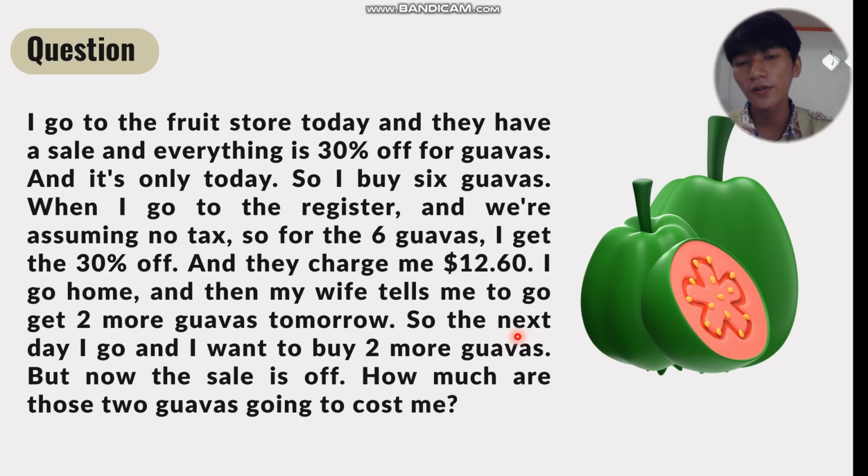When I go to the register and there is something in the tax, so for the 6 guavas I get the 30% off, and they charged me $12.60. I go home and then my wife tells me to go get 2 more guavas tomorrow. So the next day I go and I want to buy 2 more guavas, but now the sale is off. How much are those 2 guavas going to cost me?